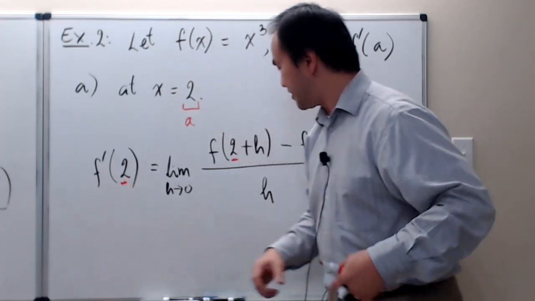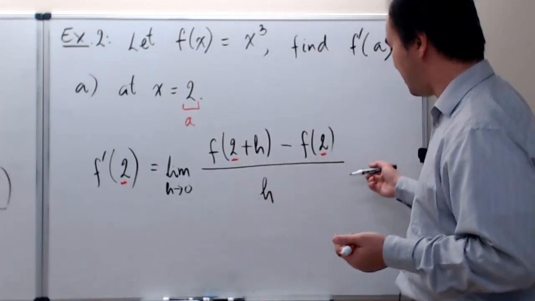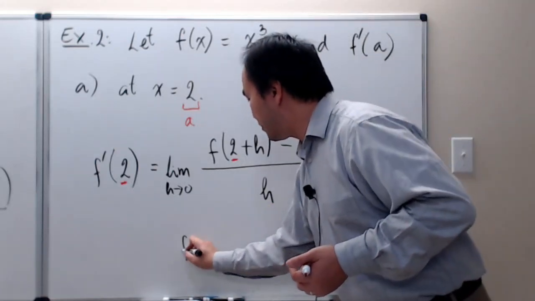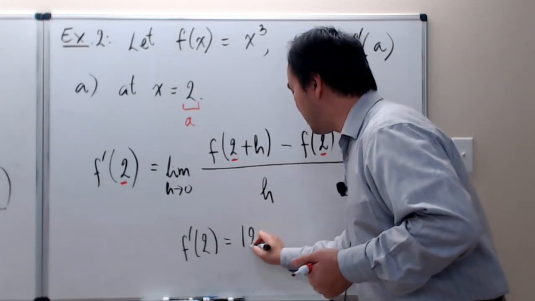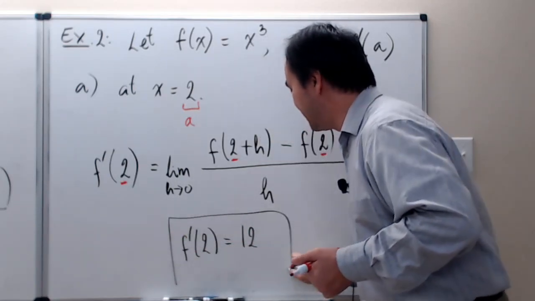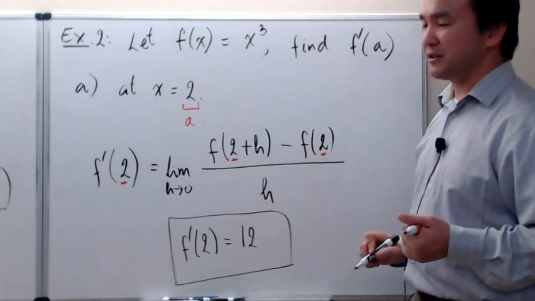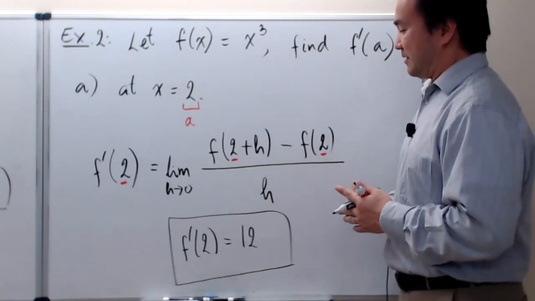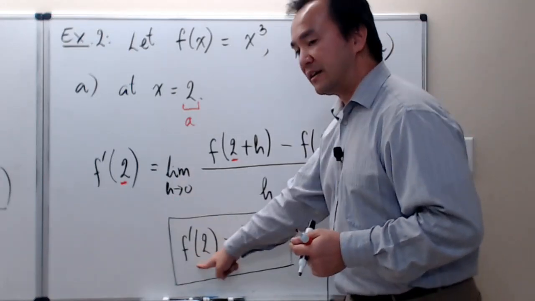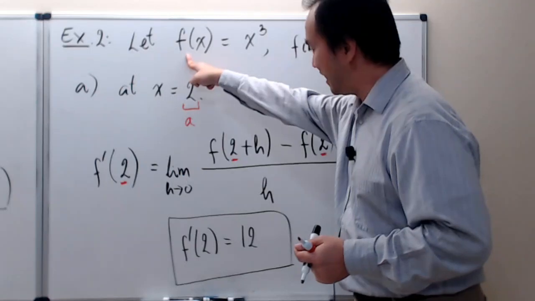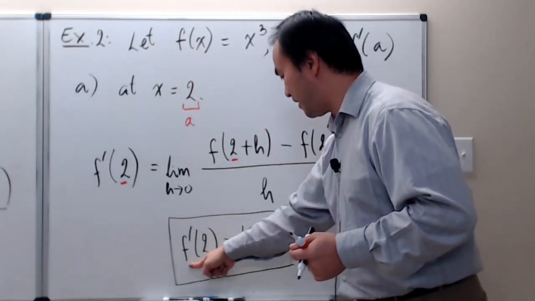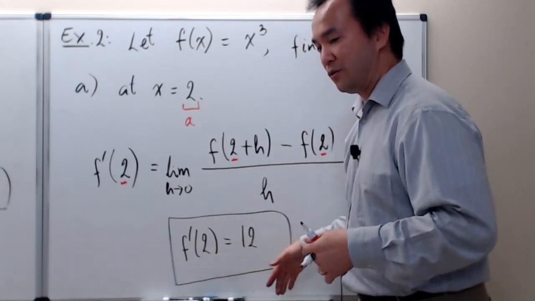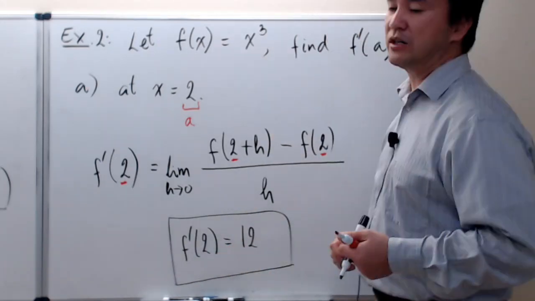So now we have an answer: f prime at 2 equals 12. Or we can say that the derivative of the function f of x equals x cubed at 2 equals 12.